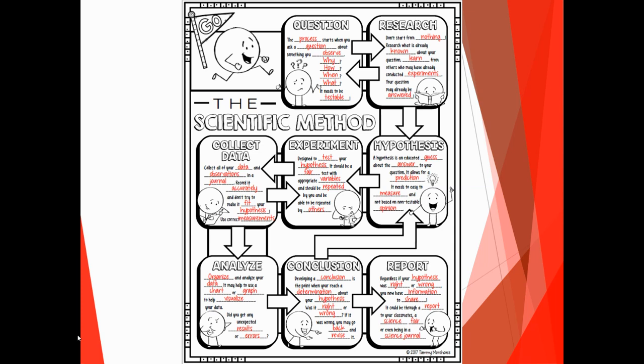Conclusion. Developing a conclusion is the point when you reach a determination about your hypothesis. Was it right or wrong? If it was wrong, you may go back and revise it. And it may mean that you need to do another set of experiments just to verify that this is going to hold true always. So report. Regardless if your hypothesis was right or wrong, you now have information that's worth sharing.